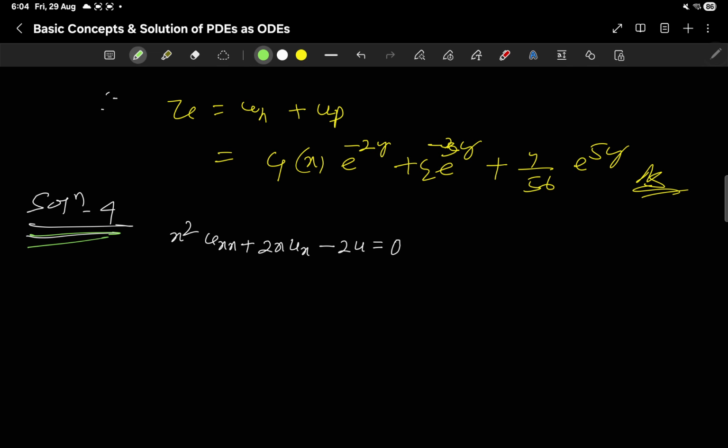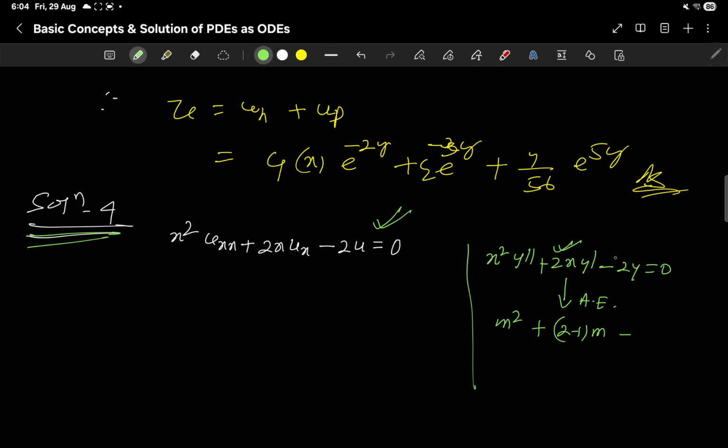Now coming to 4. If I make its corresponding ordinary equation, it will be x square y double dash plus x y dash minus 2y is equal to 0, right? So what is the auxiliary equation? The auxiliary equation is m square plus (2 minus 1)m minus 2 equal to 0. So it is m square plus m minus 2 equal to 0.